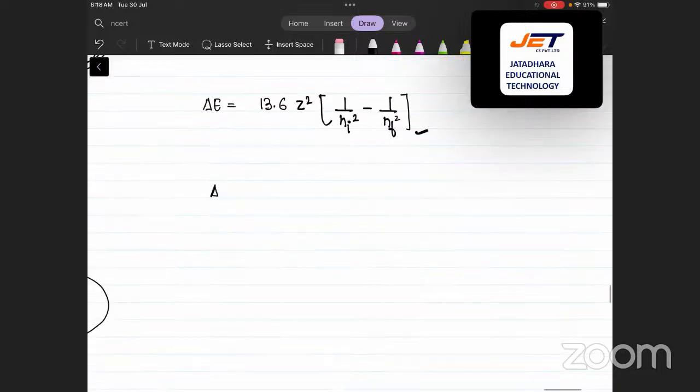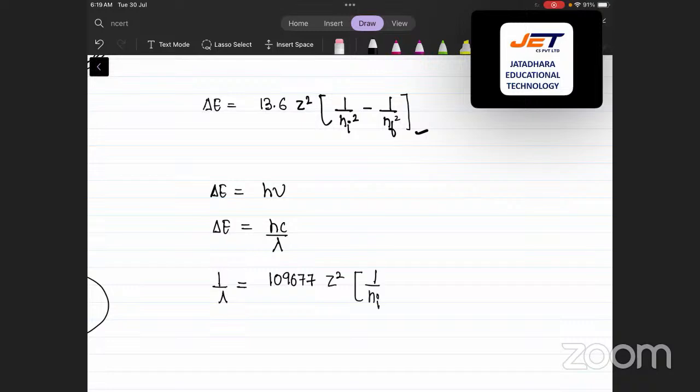Now delta E can be written as h nu, or delta E is equal to hc over lambda. Now from here 1 upon lambda can be written as R Z square times 1 upon Ni square minus 1 upon Nf square.